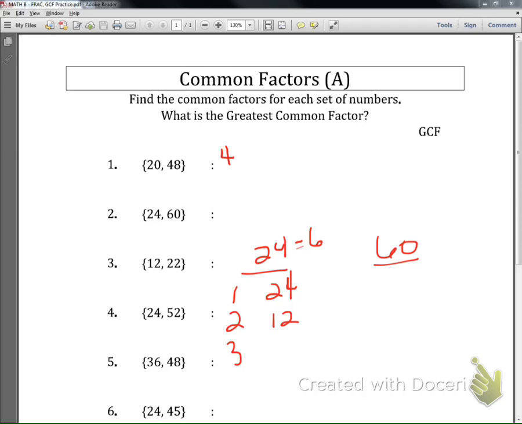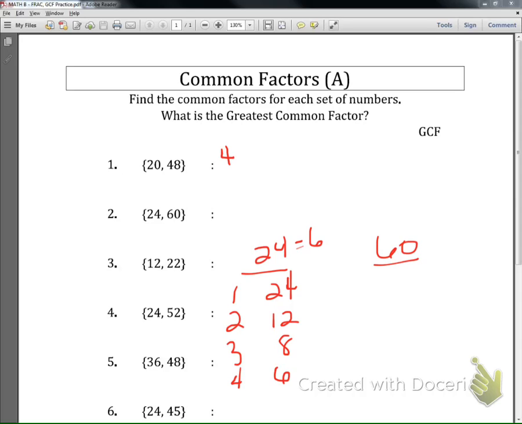We're taking 24 and dividing by 3. 24 divided by 3 is 8. Can it be divisible by 4? Yeah. 24 divided by 4 is 6. And the only number between 4 and 6 is 5, and 5 can't go into 24 because it doesn't end in a 0 or a 5.